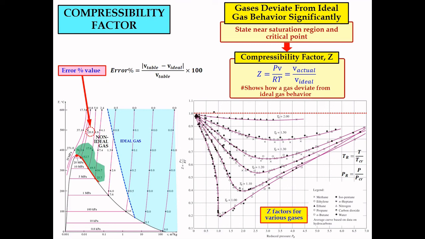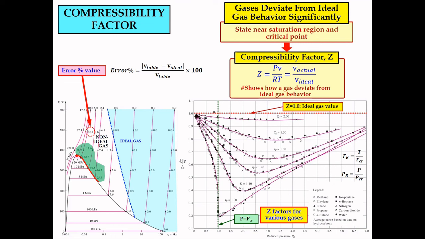The dotted red line represents the value of Z equal to 1.0. So any gas on this line is considered an ideal gas, or has ideal gas behavior. The dotted green line is PR equal to 1.0.